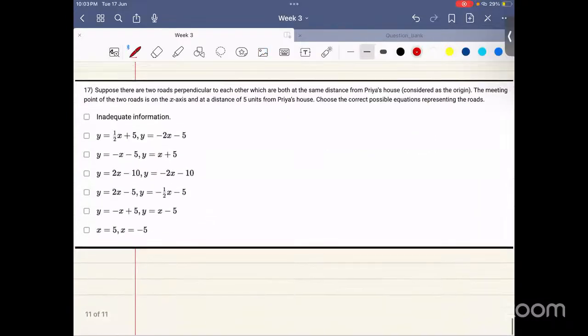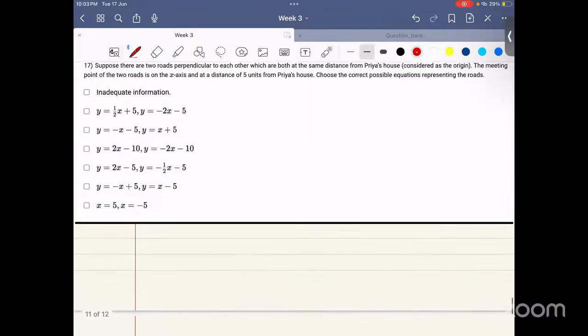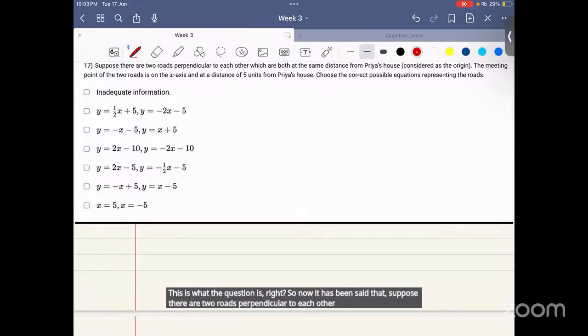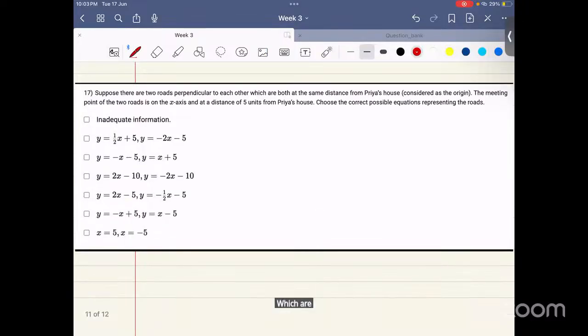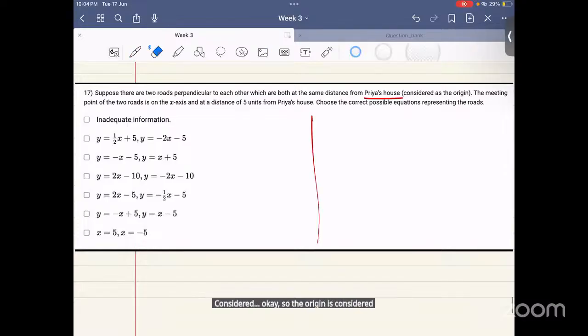This is what the question is, right? Yes. Okay. So now it has been said that suppose there are two roads perpendicular to each other, which are both at the same distance from Priya's home. Considered. Okay, so the origin is considered as home, right?